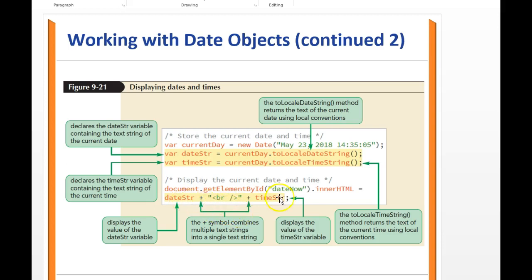If you want to show this and this together, you use this plus sign, which combines, or concatenates, multiple text strings into a single text string. And then we have timeStr, which displays the value of the time string that we have here.